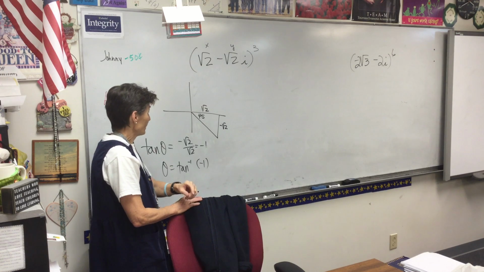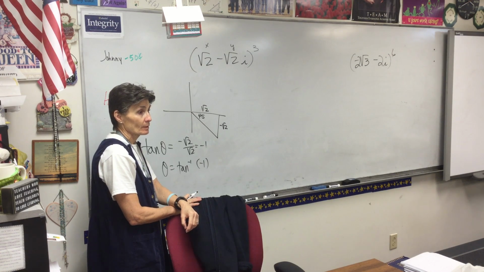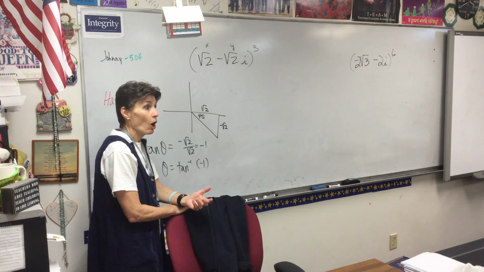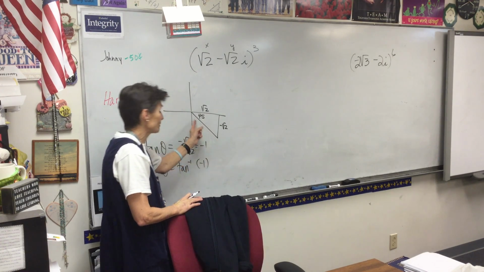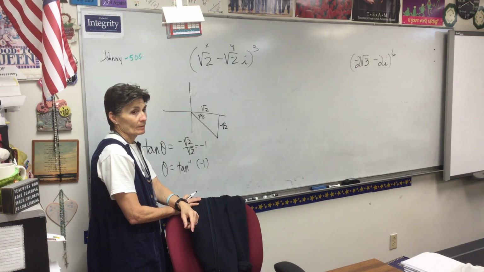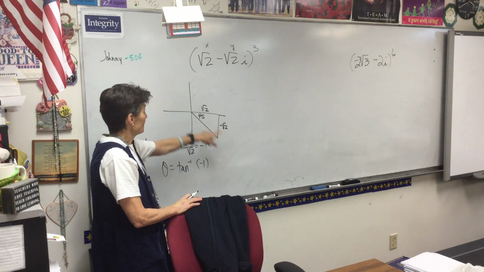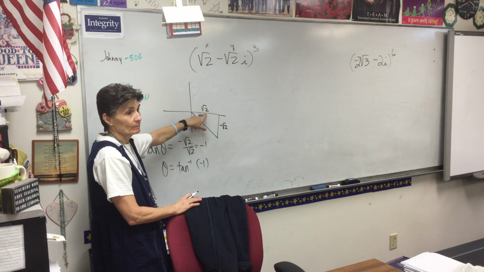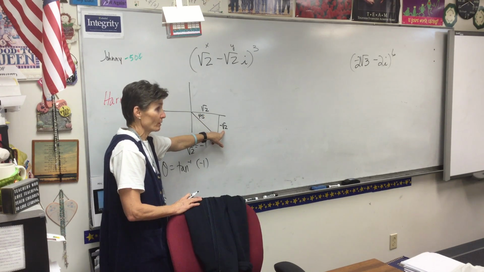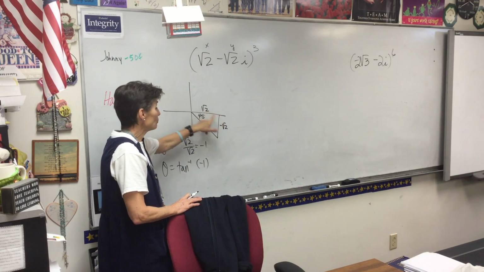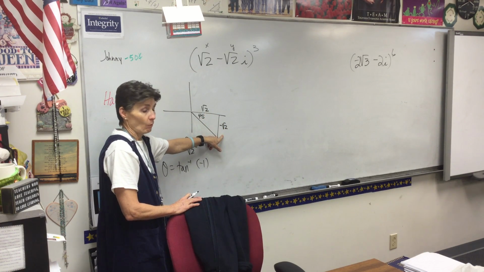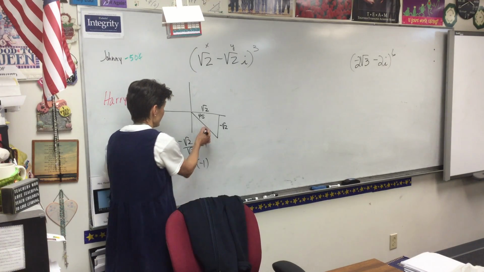Okay, what else do I need? Hypotenuse. I need the hypotenuse, the R value. And how do I find that? How do I find the length of this guy right there? Pythagorean theorem. What do you get when you square root 2? 2. What do you get when you square this? No, you don't get negative, you get 2. 2 plus 2 is 4, and the square root of 4 is 2.